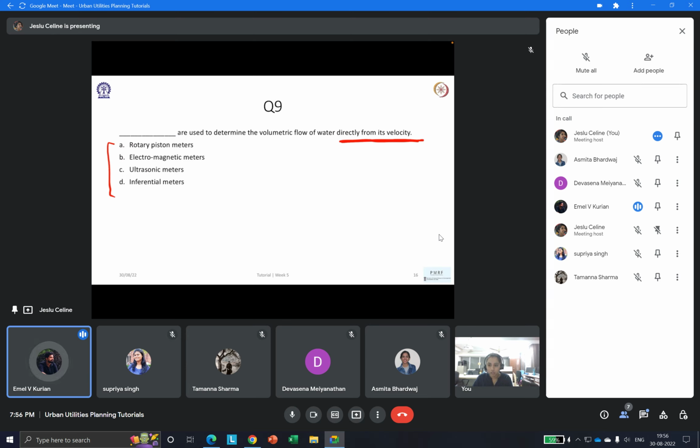Emil says it's rotary piston meter. Okay, anybody else? Any other observations? What do you feel? Supriya, any guesses? Electromagnetic meters. Supriya also says it's electromagnetic meters.